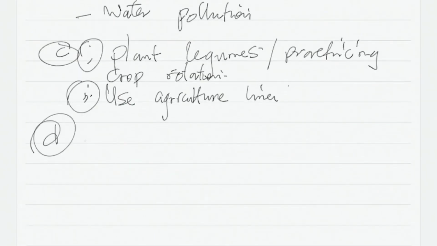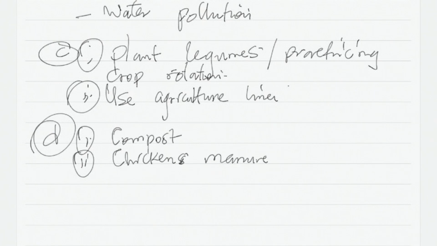Now here we have been asked to list one example of an organic fertilizer, of which number one we can say that it is compost. Then we can also say chicken manure. All those are correct answers. Manure.